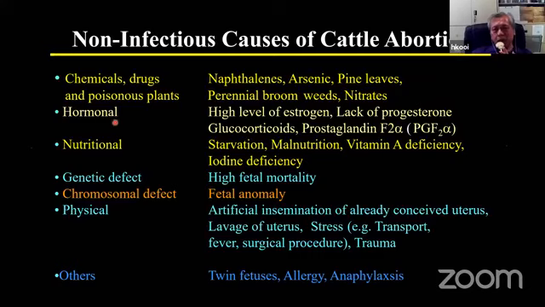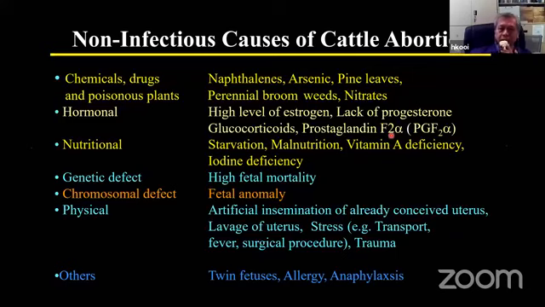Next, you have hormonal causes, which you have studied in theriogenology or animal reproduction. High levels of estrogen, lack of progesterone, and glucocorticoid. Prostaglandin F2 alpha is a hormone that you use to induce abortion.